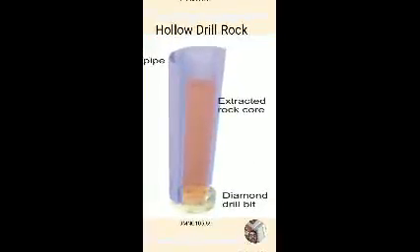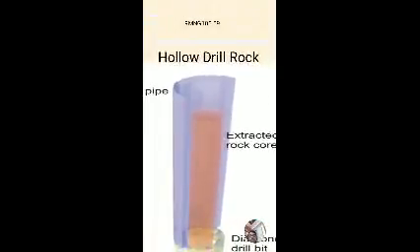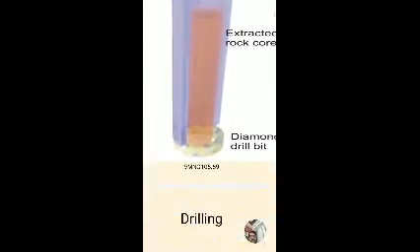Like this. This is the half cut portion of the drill rod. At the end, a circular ring is there. This is the diamond drill bit. If you rotate like this, what happens?